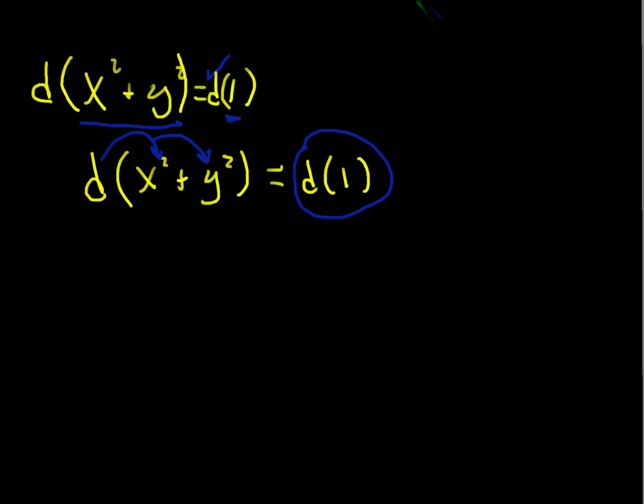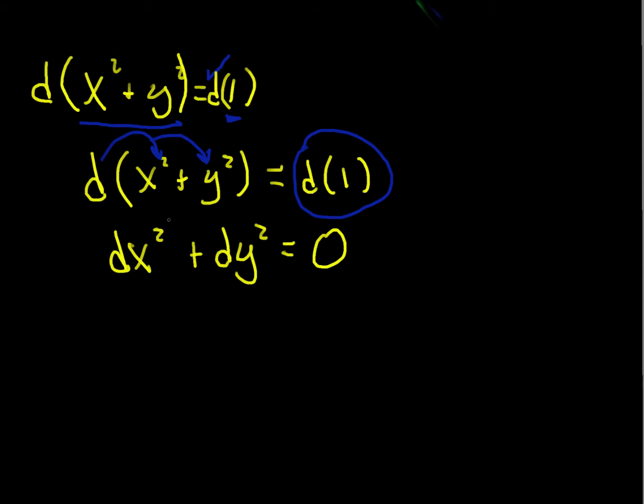So adjusting our equation appropriately, this tells us that the differential of x squared plus the differential of y squared is equal to 0.